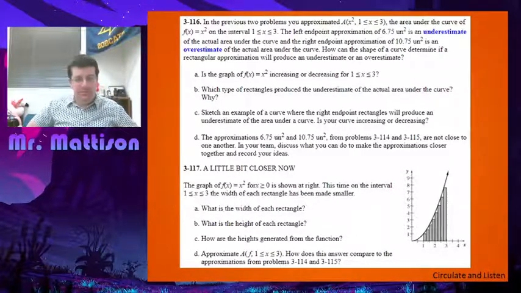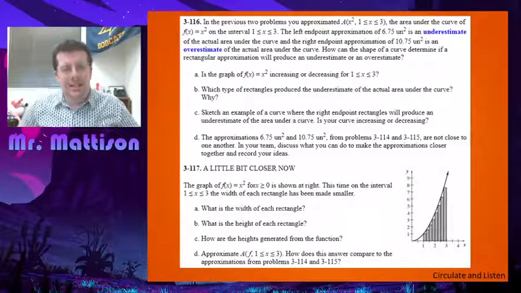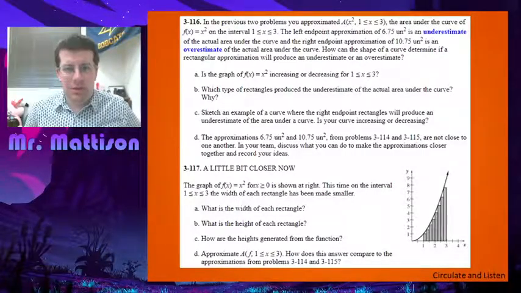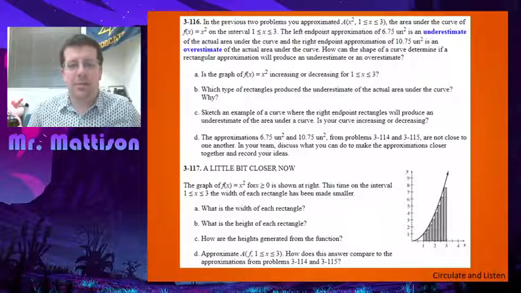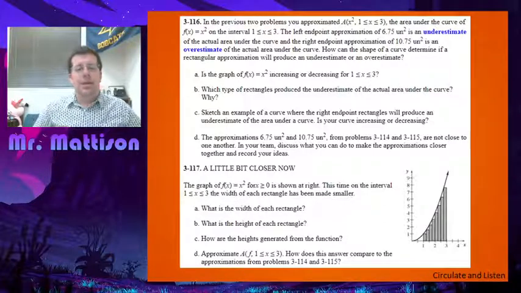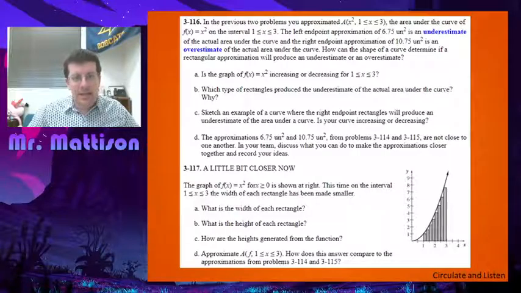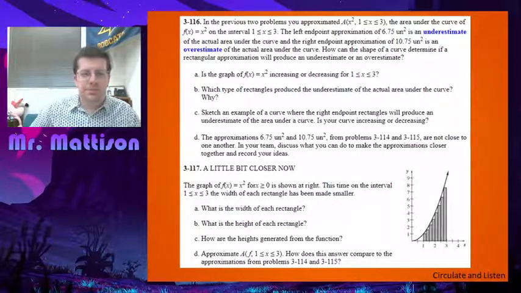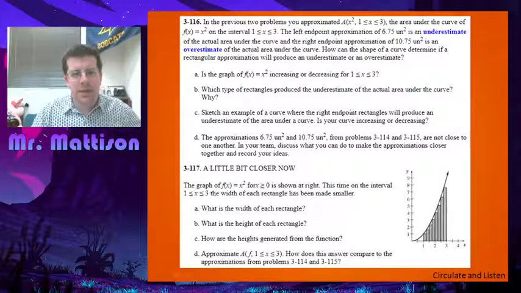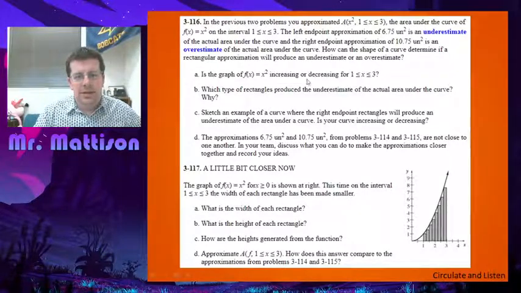All right, so 116. We're still looking at x squared for 1 through 3, and that gave us an underestimate with the left endpoints and an overestimate with the right endpoints. So on A, is it increasing or decreasing between 1 and 3? Well, we're increasing, right? Let's sketch an example of a curve where the right endpoint rectangles will produce an underestimate.